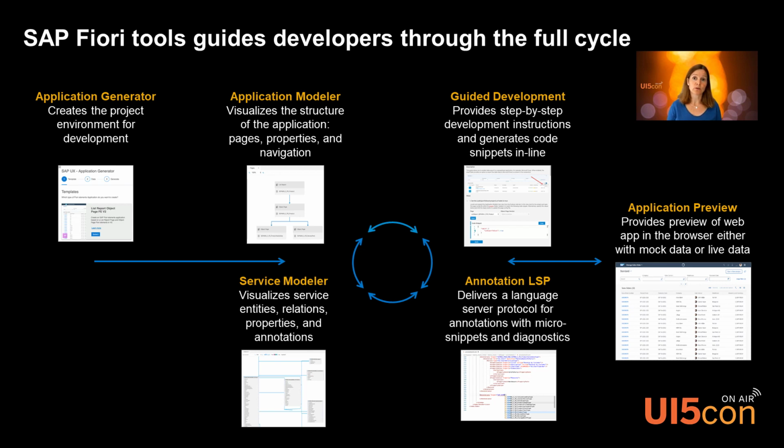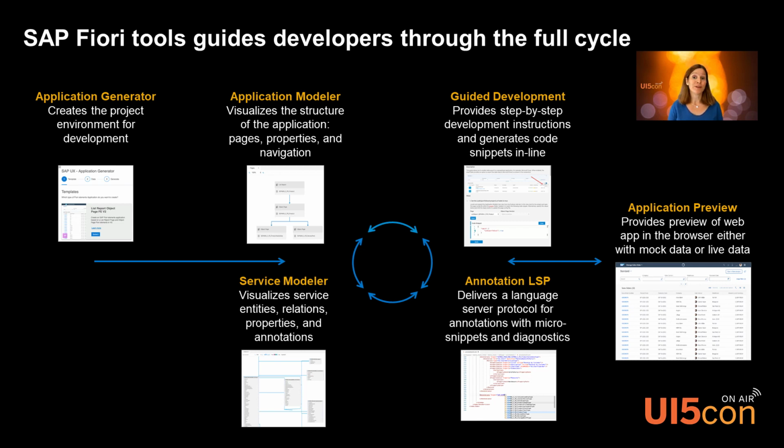And this is also where we want to introduce more low-code capabilities. Then there's the service modeler, which visualizes the service entities and their relations. And it also allows you to easily transition backend annotations into your local project. Well, that's not really relevant for CAP, but it's very useful for ABAP backends.